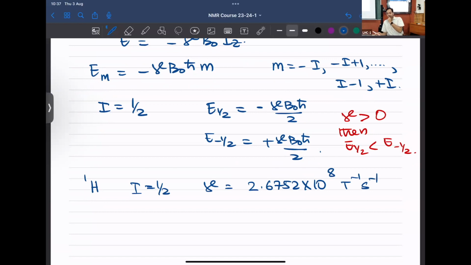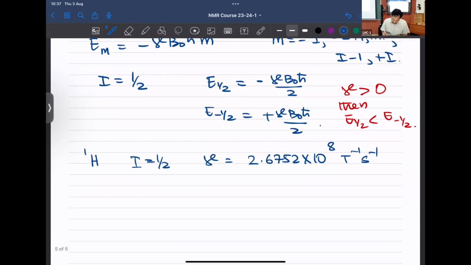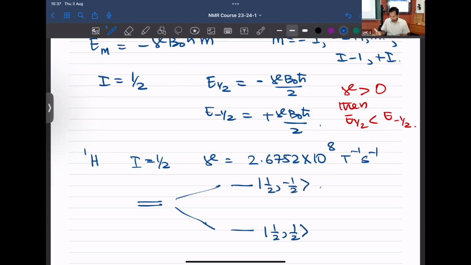Okay. And you're able to realize, for the proton system, what is going to happen when you have I of half: you're going to have the ground state as half comma half and the excited state as half comma minus half. Right? Makes sense?